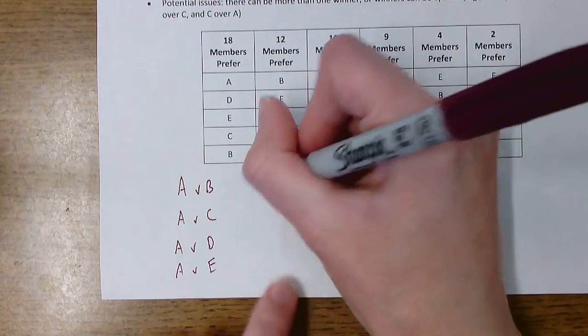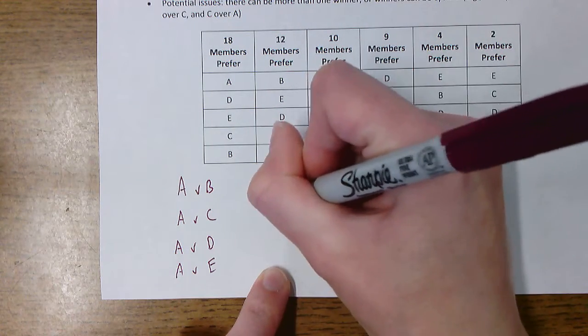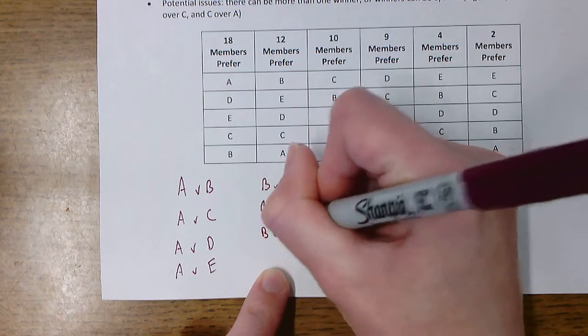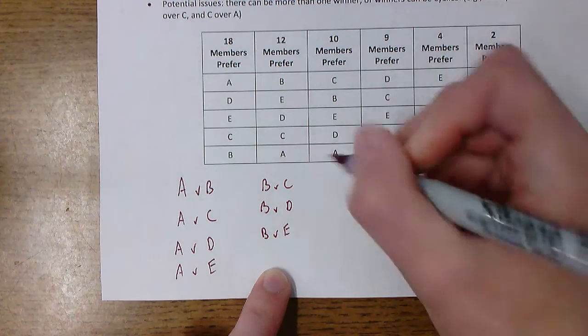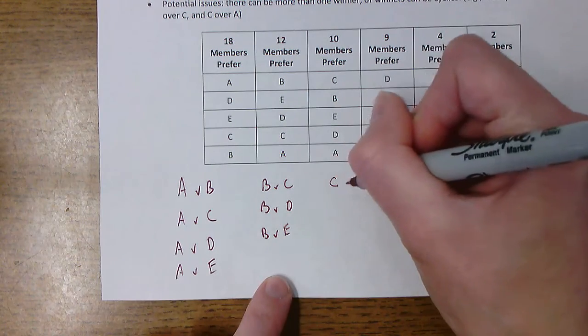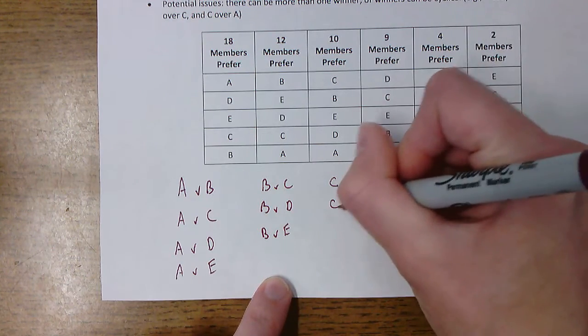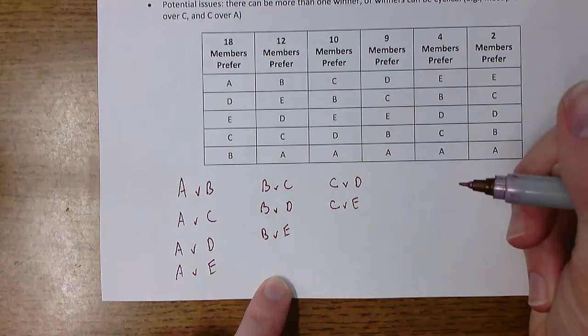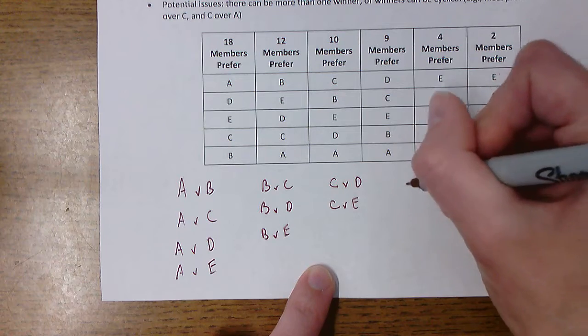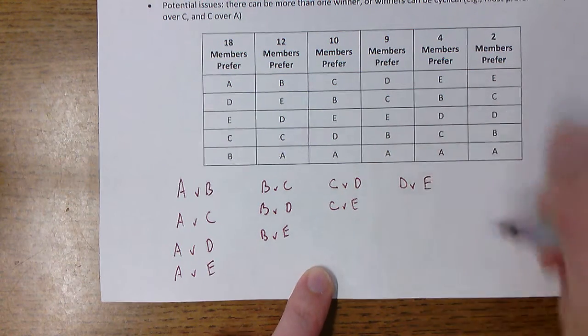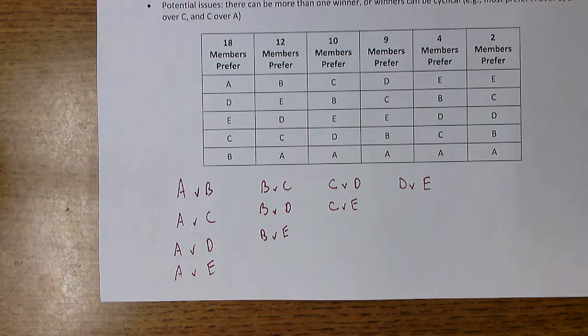We've already done B versus A, so then you have to do B versus C, B versus D, and B versus E. C's already gone up against A and B, so now we'd have to do C versus D, and then C versus E. Okay, and then D's gone up against everybody else, so we just have D versus E left. So these will be all of our different matchups that we have to compare. We're going to go through and compare each of these and see who would win in any given situation.